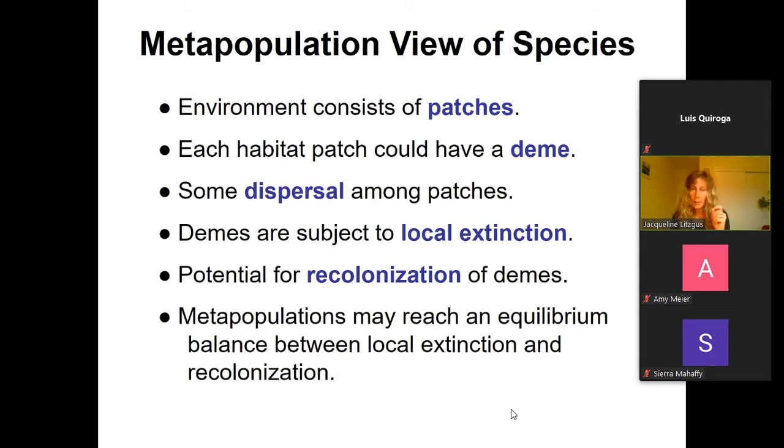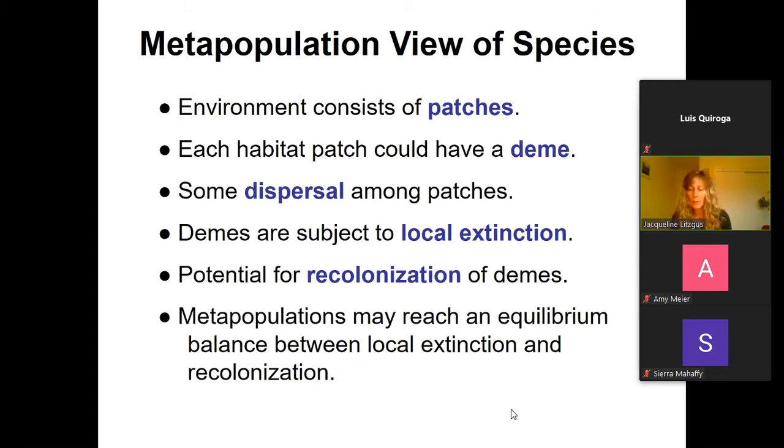And so this idea that you can have a patch that's unoccupied leads to the idea of recolonization. So patches can be recolonized by demes. This means that individuals of the species can disperse into the vacant patch, right? And so you can have this winking in and out of local extinctions and recolonization events, okay?